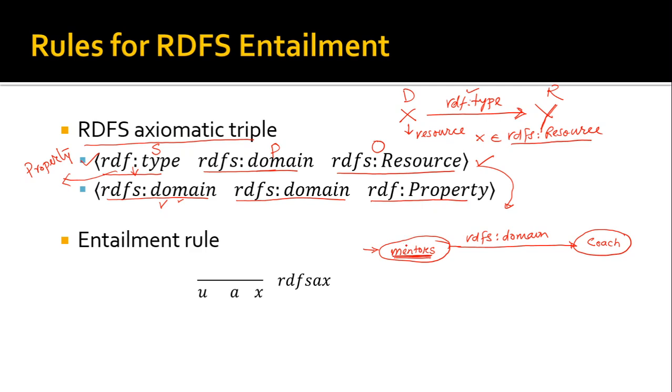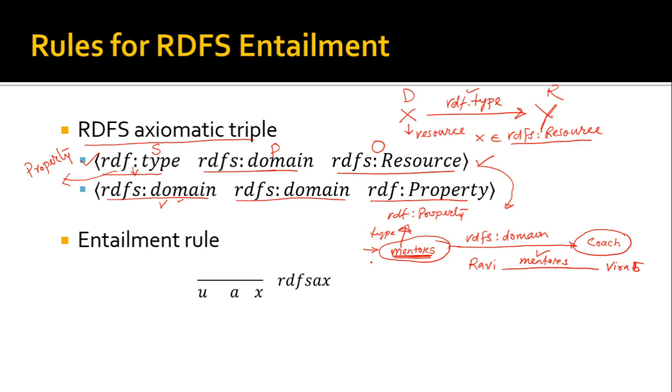And what is a mentors class? This is basically representing a property. Someone mentors someone, like say Ravi mentors say Virat. You see, this is a property. So this is a resource which has got type RDF property.